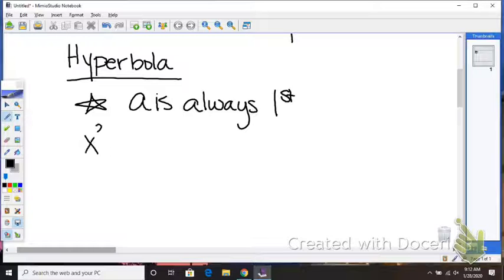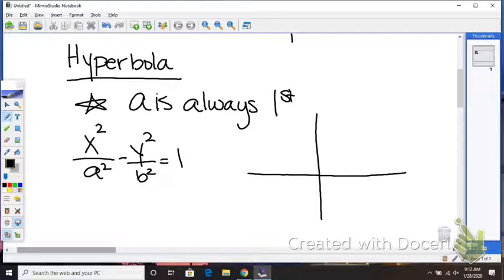So here's the first one. If x squared comes first over a squared minus y squared over b squared equals 1, because the x squared is written first, this is what I'm going to call a horizontal one. So my hyperbolas are going to be opening left and right instead of up and down. So this is what this graph looks like.